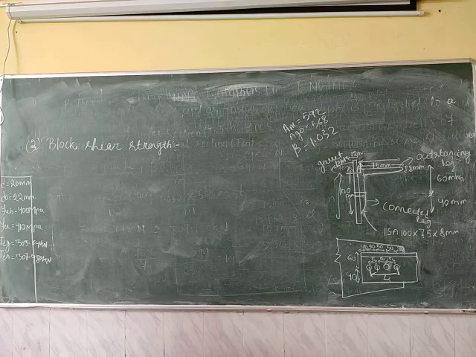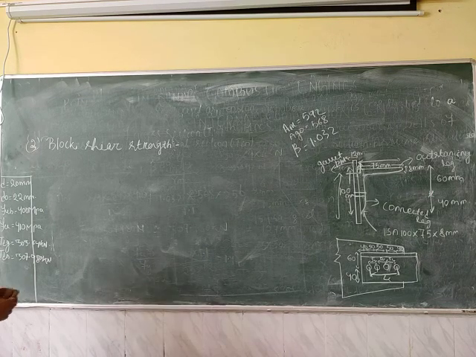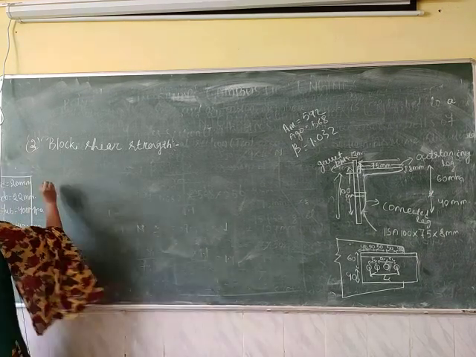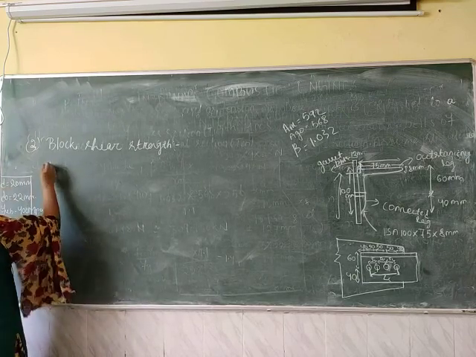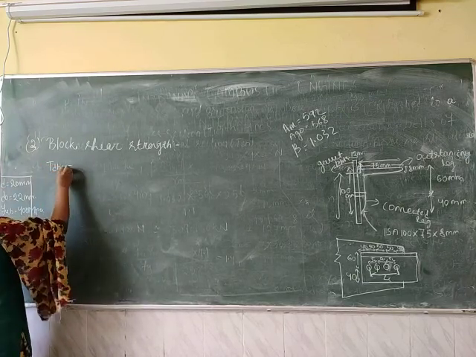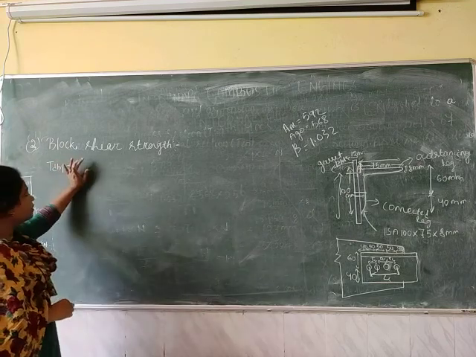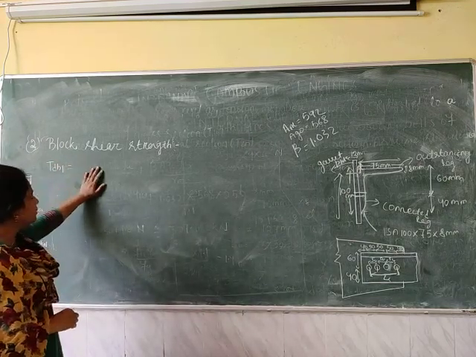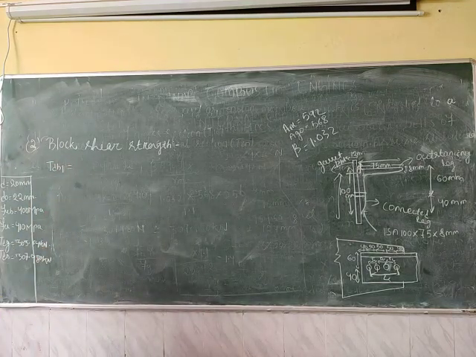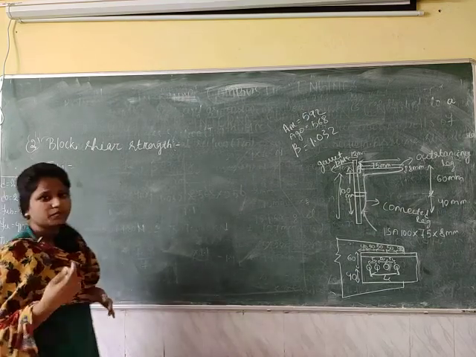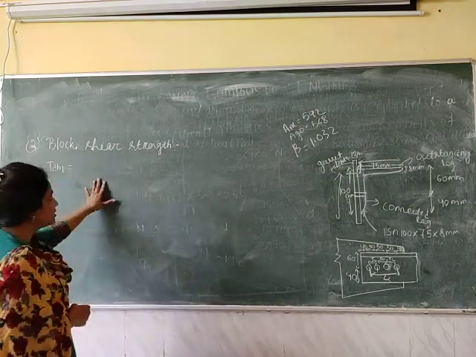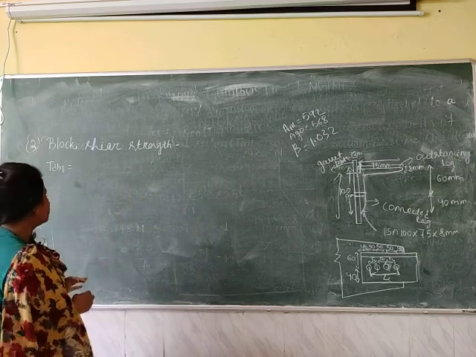Okay, so for the block shear strength there are two combinations. So the first combination is yielding of the shear section plus rupture of the tensile section.